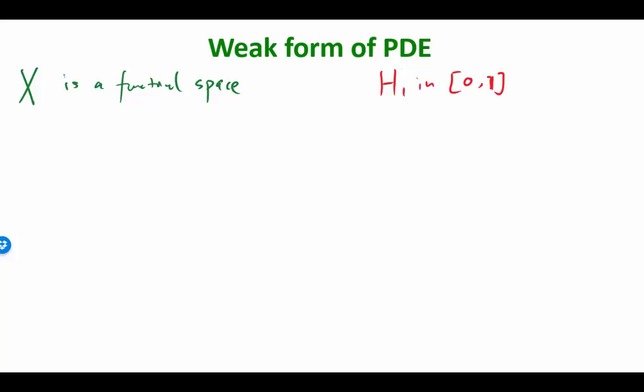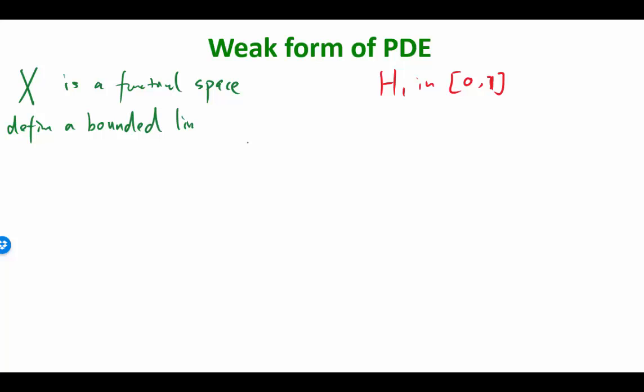Okay, and I'm going to define a linear form, bounded. Okay, define a bounded, which means the norm has to be not infinity.